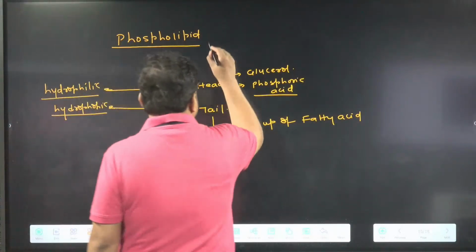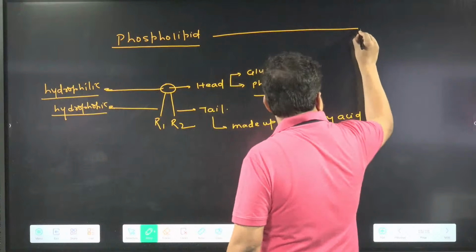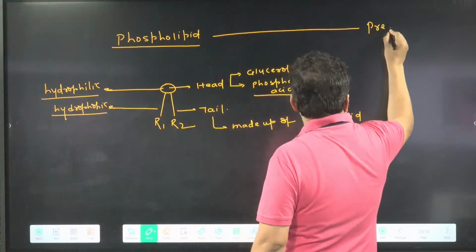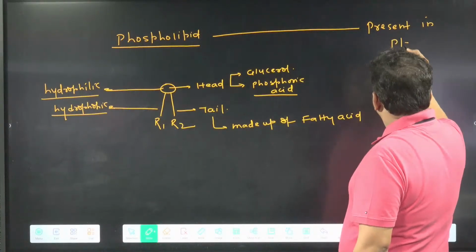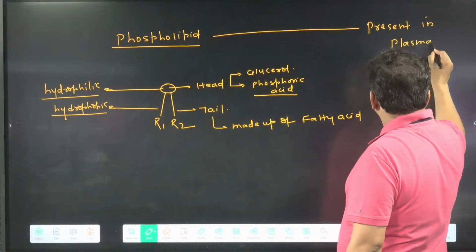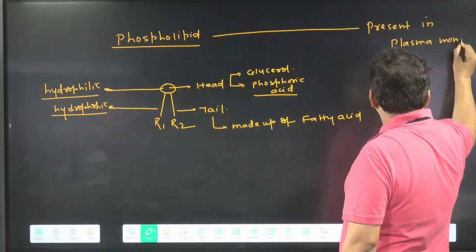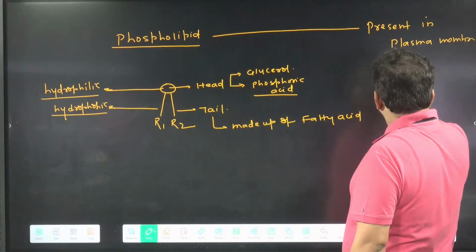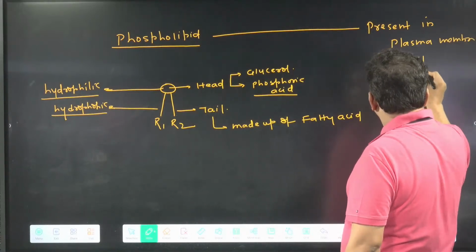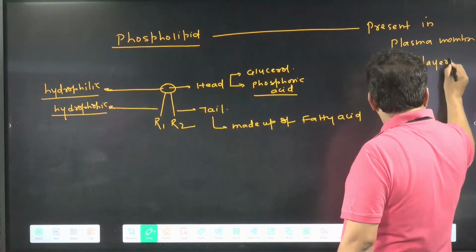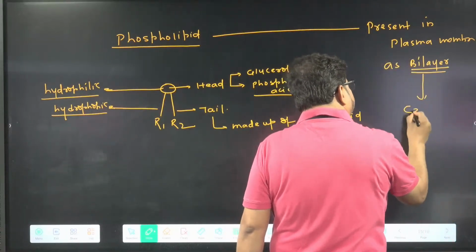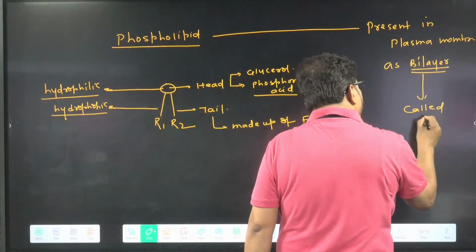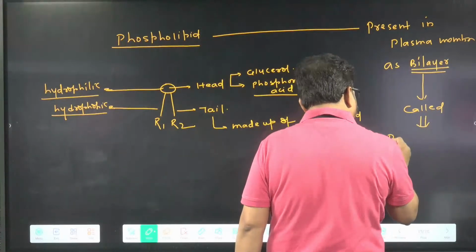So these phospholipids are present in the plasma membrane as a bilayer, two layers of phospholipid, and it is called the phospholipid bilayer.